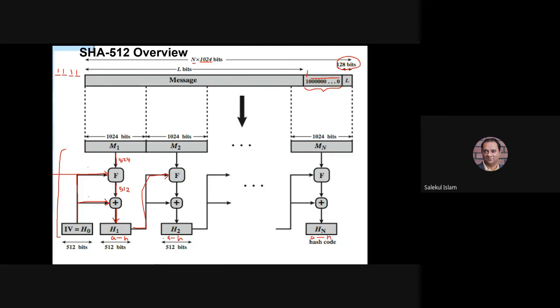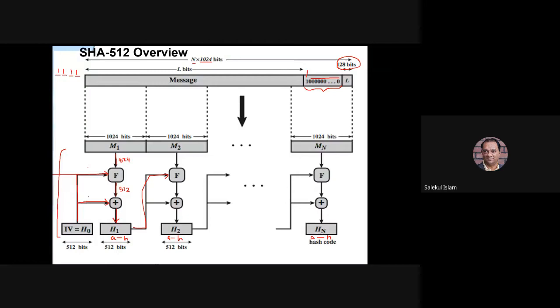That means at the end of every block calculation you will have 512 bits in your A to H registers. Those same values you are going to use to calculate M2. So I have just a single copy of code, and that single copy of code is being used to calculate every block.